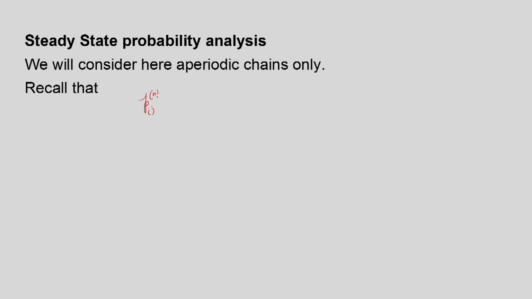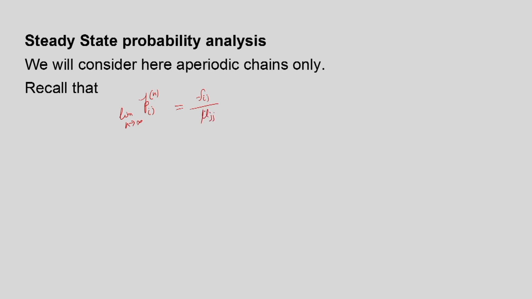Recall that we have already got P_ij^(n) as n tends to infinity. Now for transient, if j is transient, then this quantity is equal to 0, and if j is recurrent, in that case what we got is that this is equal to F_ij divided by mu_j.